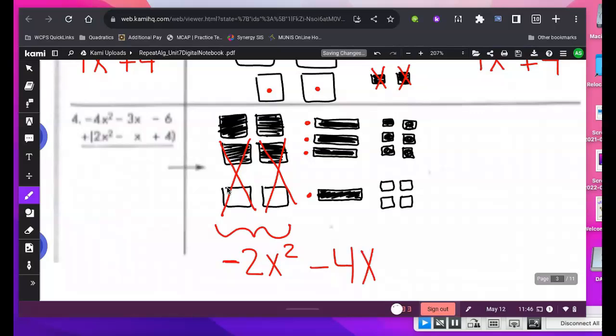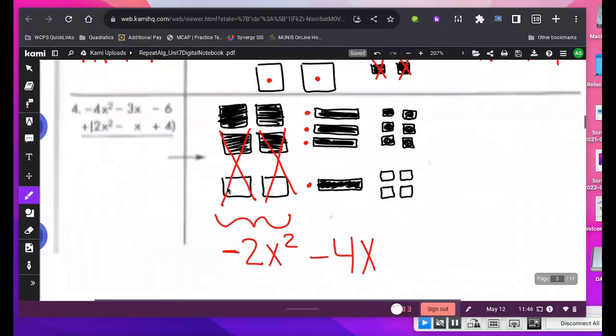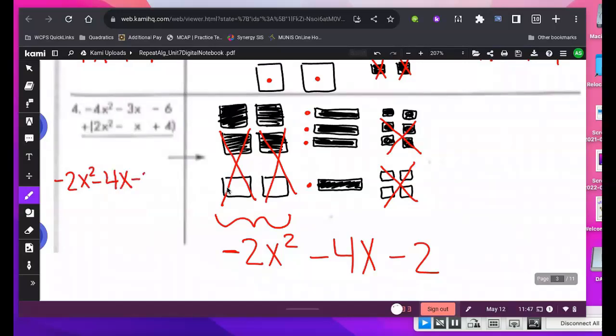I have 4 of them. They're all negative. They're all colored in. And these 4 negatives will cancel out with these 4 positives. So how many? Yeah, 2 little negatives are left over. So my final expression is negative 2x to the second power minus 4x minus 2.